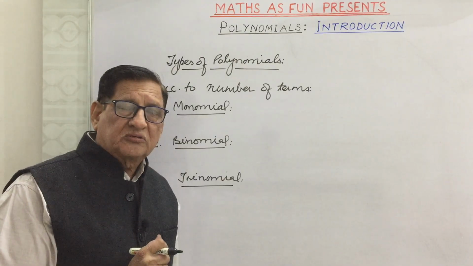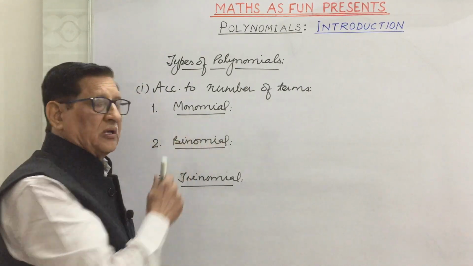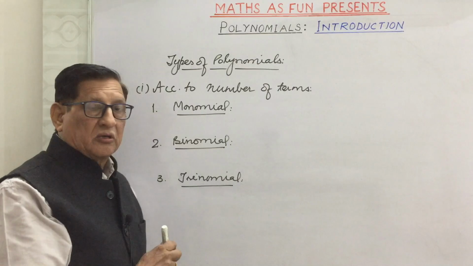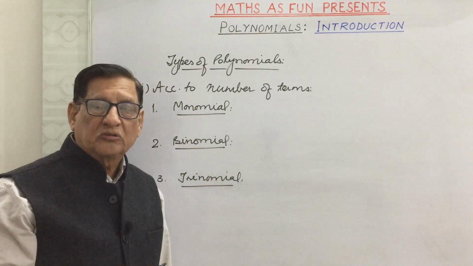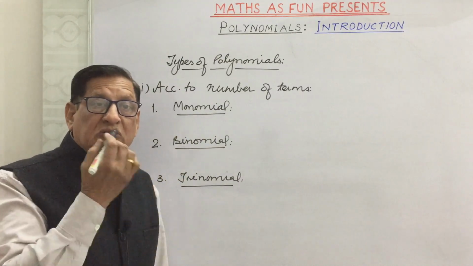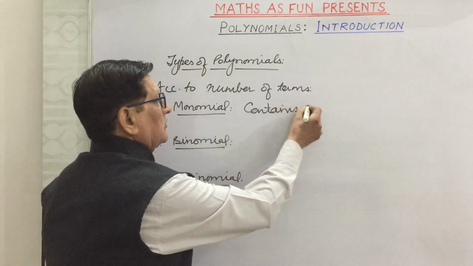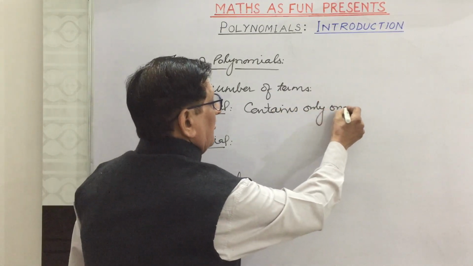According to the number of terms, we have different types of polynomials. They are number 1 monomial, number 2 binomial, number 3 trinomial and so on. A monomial is a polynomial which contains only one term.